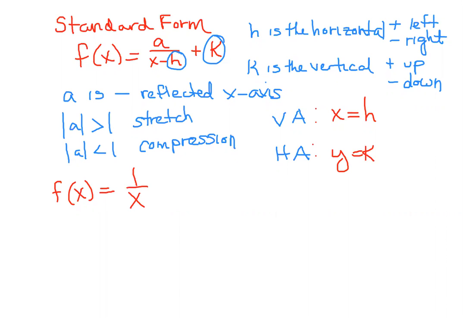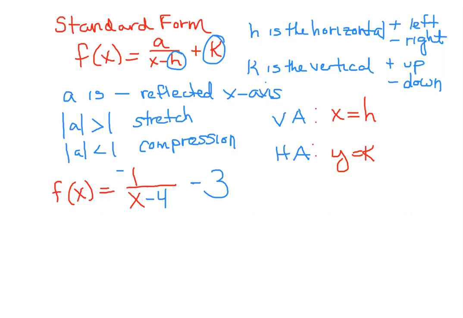So translated 4 units right, remember, is a negative h, so it's going to be -4 on the bottom right here. And then 3 units down, so we're going to subtract a 3 on the end, and it's reflected across the x-axis, so we got to put a negative out there.